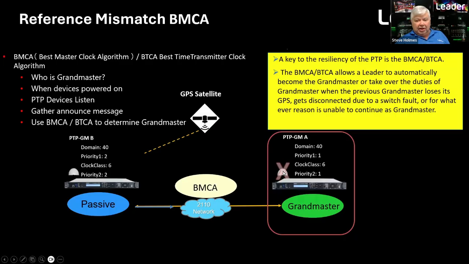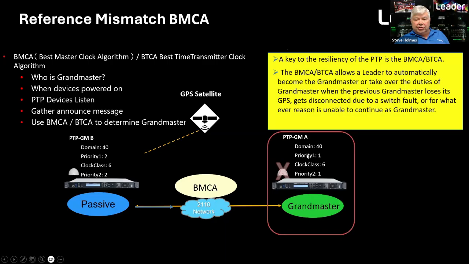So an antenna fault or a GPS fault or a PTP fault of some source that changes its clock class or its quality, the second generator will never walk in because of priority 1 being a value of 2 on the left-hand side over here. That takes him out of the BMCA voting pool.